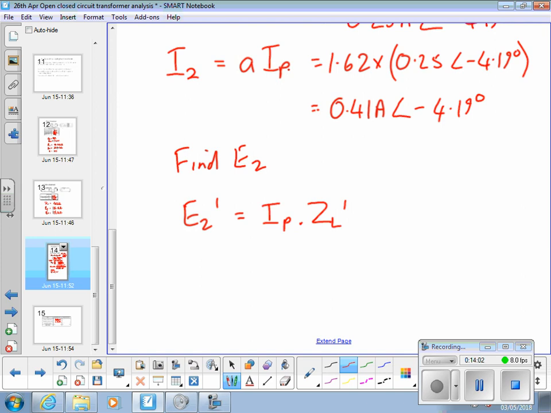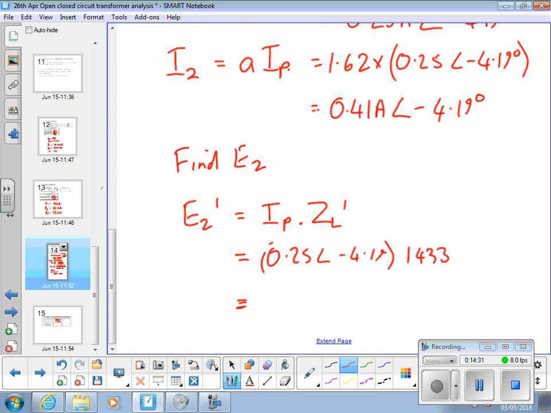Which is 0.25 angle minus 4.19 times 1433 ohms. Following?